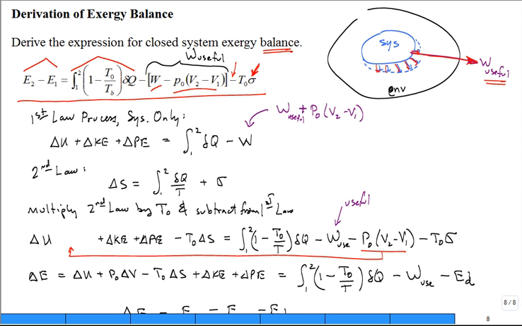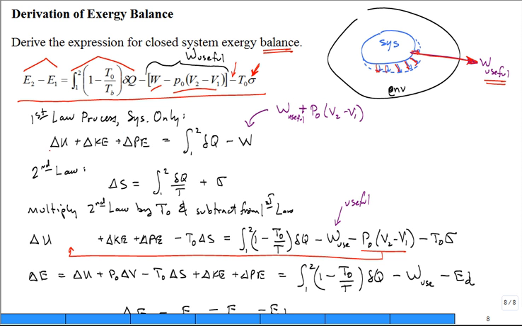We want to derive that. That's the goal. So we start out with our system, thinking that it's going to expand into the environment, as well as produce useful work out of the combined system plus the environment. We apply the first law for the system only.